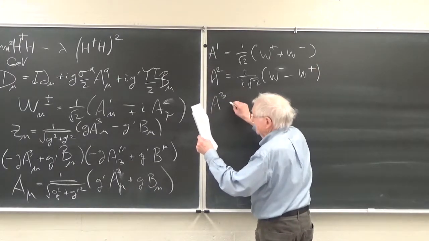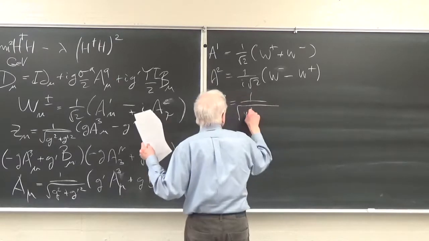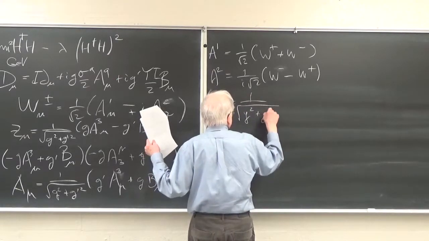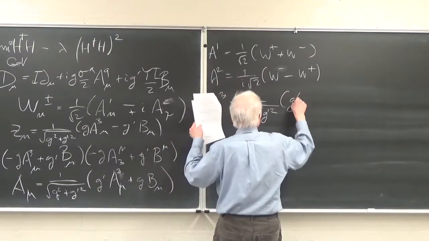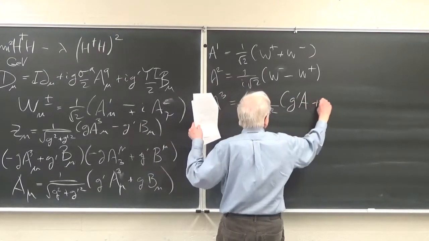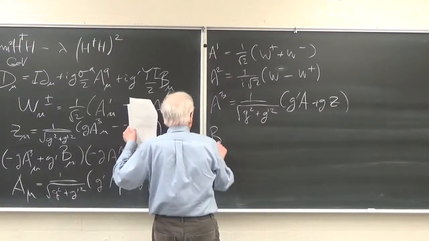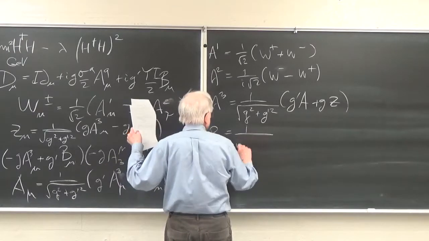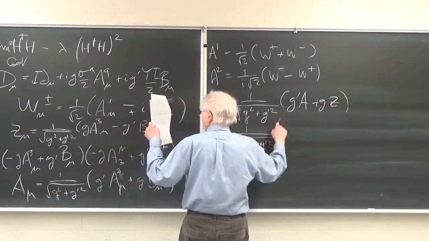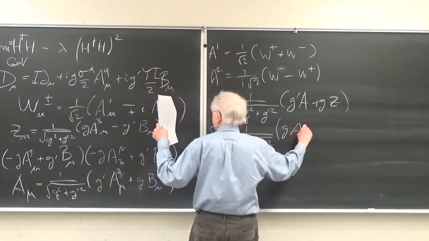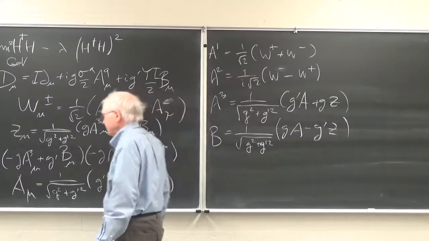A3 is 1 over square root of g squared plus g prime squared times g prime A plus gZ. These all have mu's, as I said. B is the same square root, and it's gA minus g prime Z.